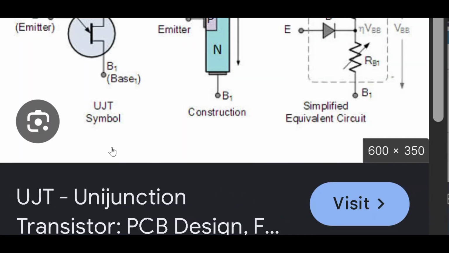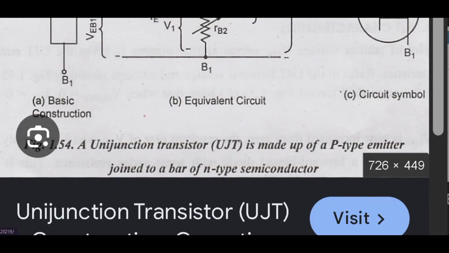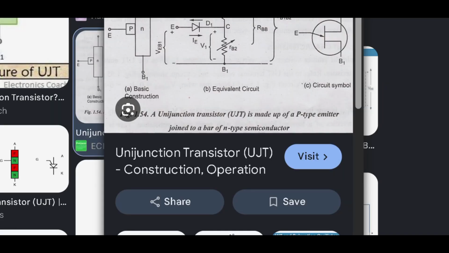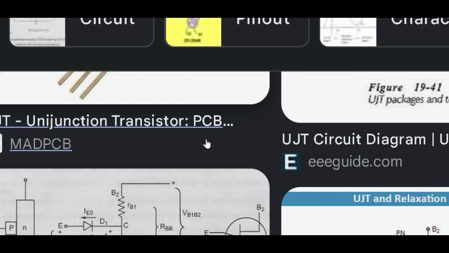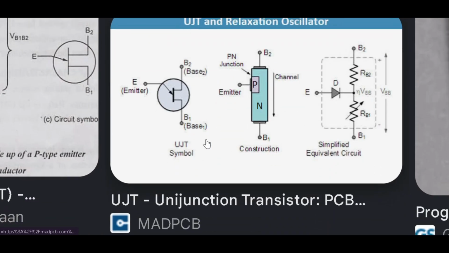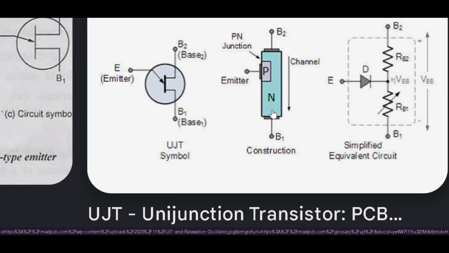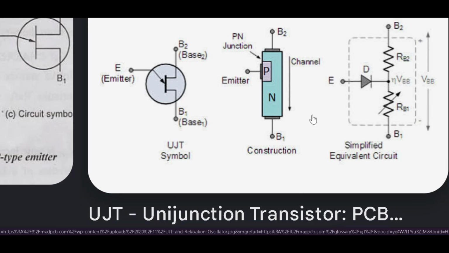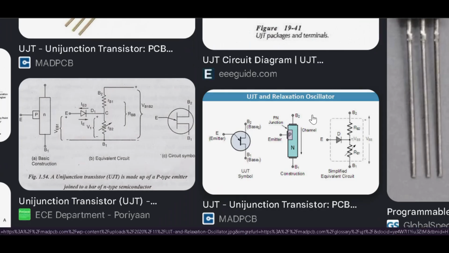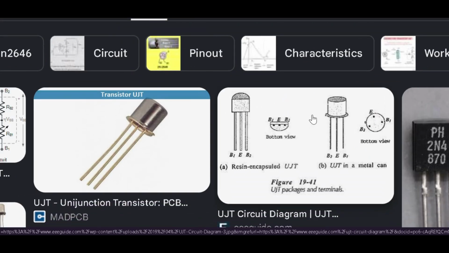So what is the difference between a p-type semiconductor and a p-type emitter? They are the same, but based on the role we name it a p-type emitter, because it emits current from P to the n bar, where B1 and B2 on both sides distribute the current. That's why we call it a p-type emitter.